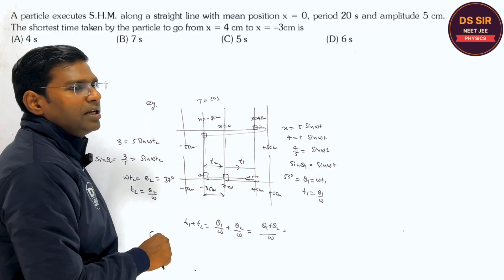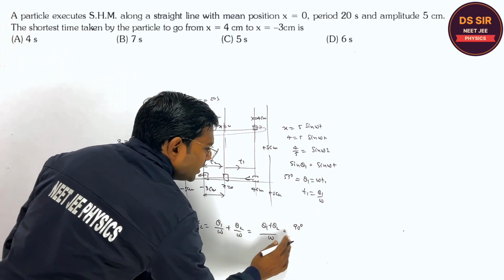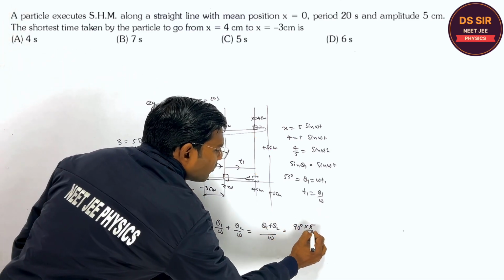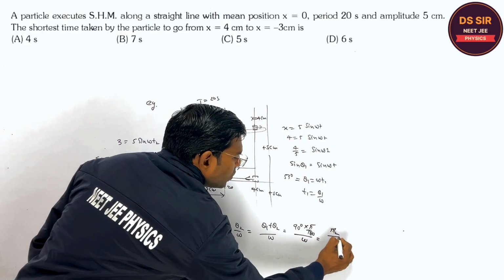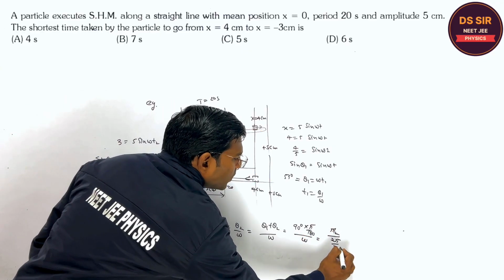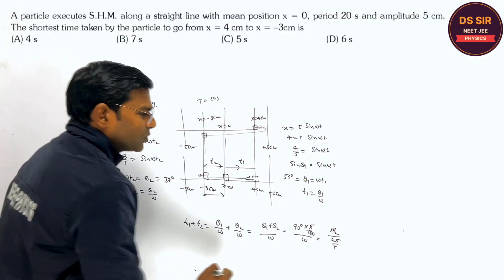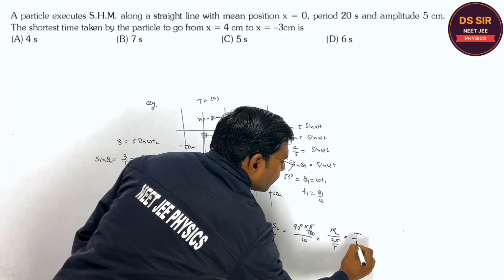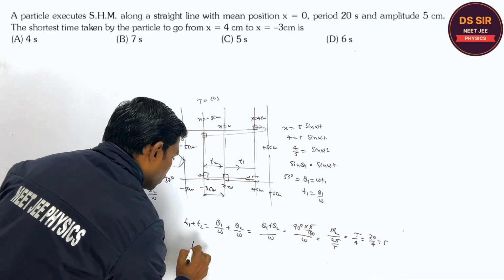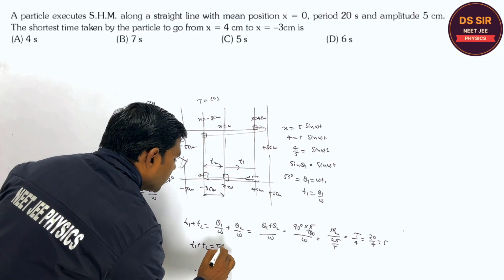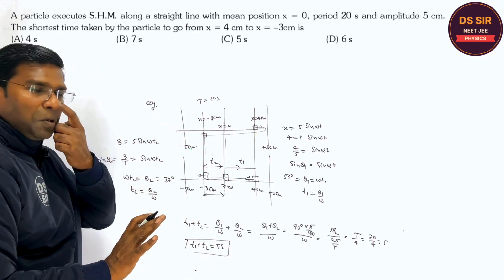But we will write in radian, so it is pi by 2, omega as it is. So it is pi by 2 upon omega, and omega is 2 pi by T. Is it clear or not? So this is T upon 4, and T is 20, and the answer is 5 seconds. So total time t1 plus t2 is 5 seconds. This is one way to solve this. Are you getting or not?